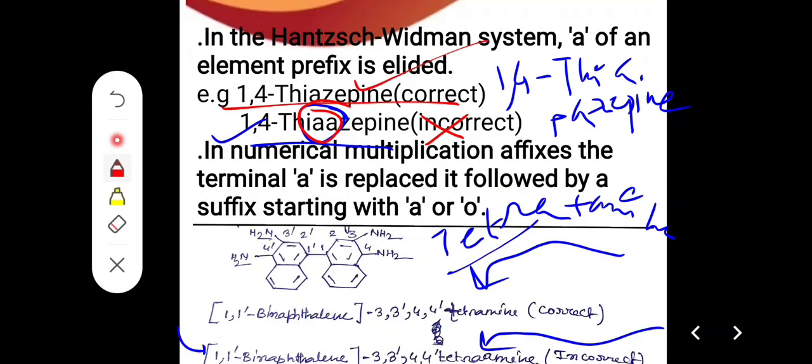In numerical multiplying affixes, the terminal A is omitted if followed by a suffix starting with A. Due to tetra and due to amine, the A is omitted. So we get tetramine as the correct spelling and the double A is the incorrect spelling. Double A are not placed in the case of tetramine.